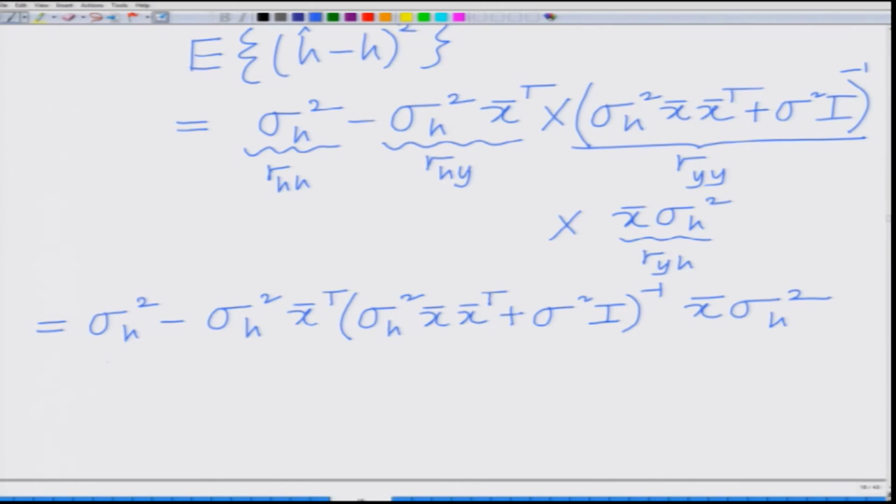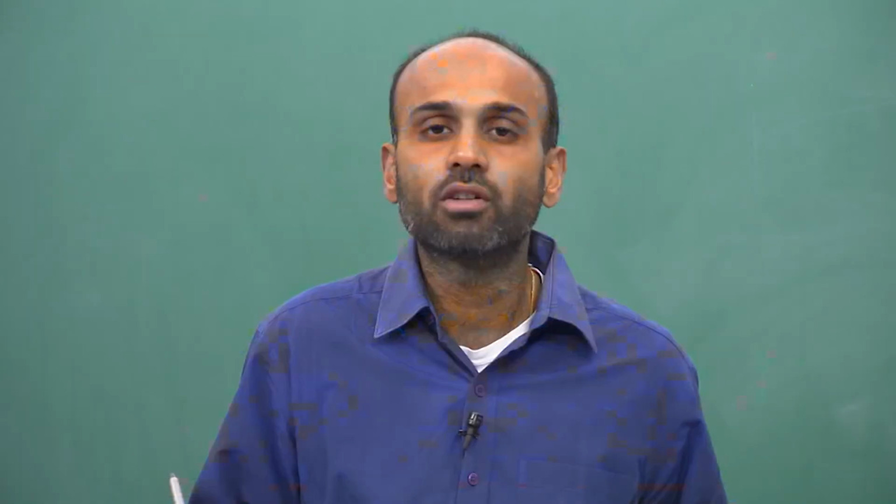So, this is your MMSE, the minimum mean squared error for the estimation of the channel coefficient H. Now, we are going to simplify it.